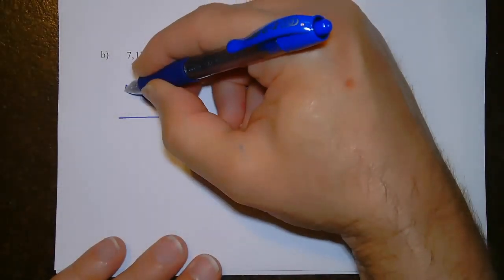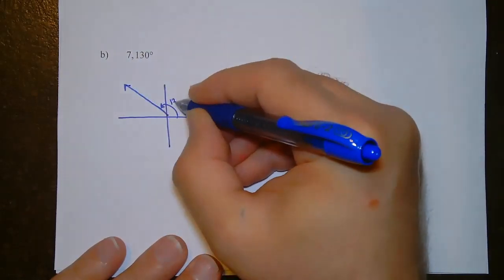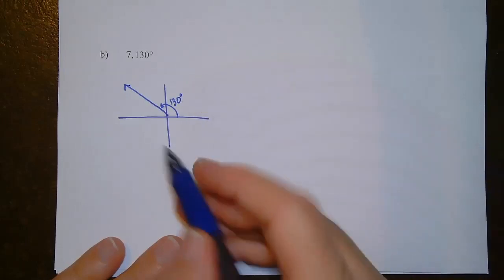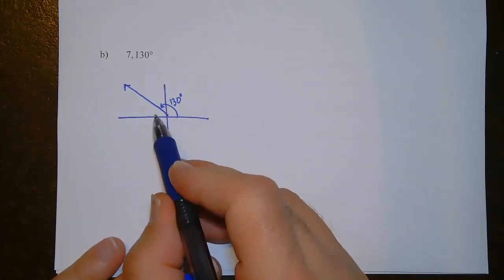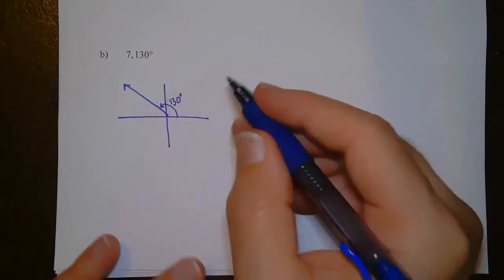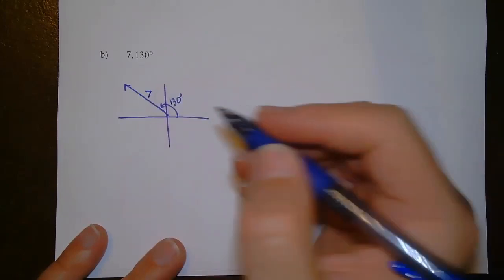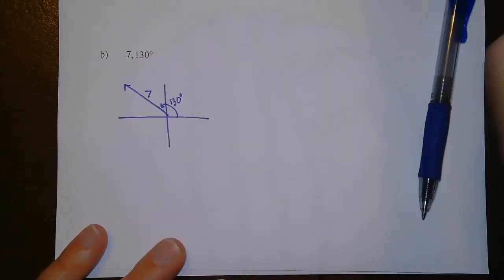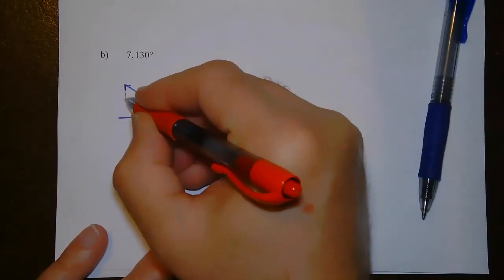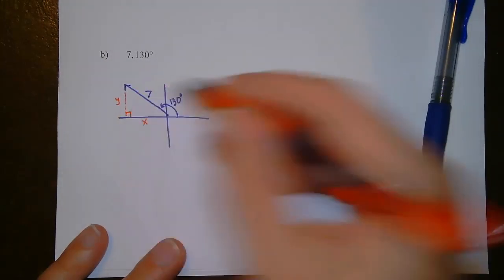So this angle right here is 130 degrees. Now I know this reference angle would have to be 50 degrees. That's not a special right triangle, so I'm not going to be able to use special right triangles to figure it out. So this is 7, that's my magnitude. This is broken up into an X component and a Y component.